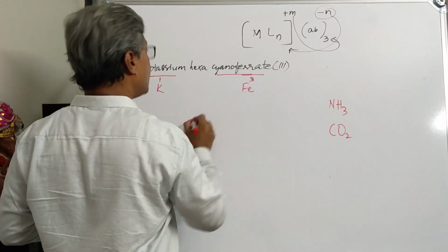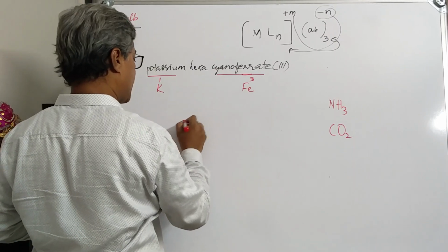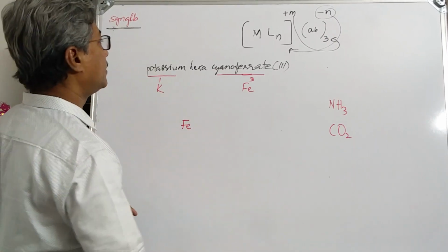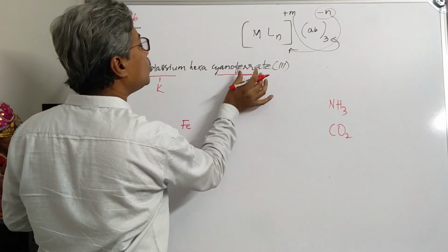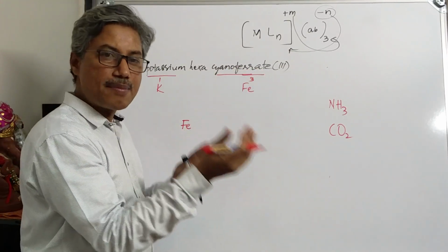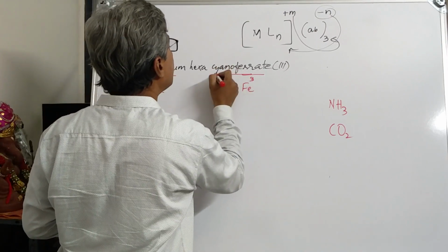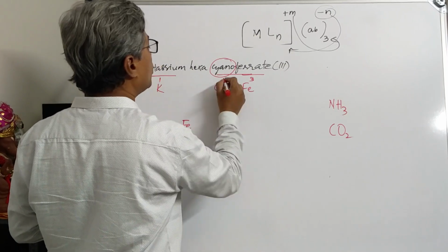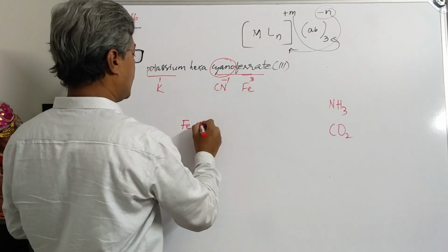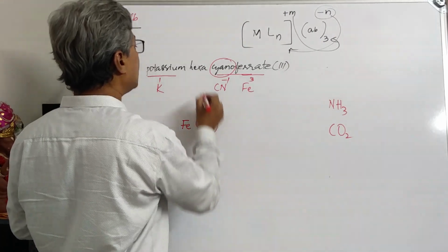Okay. Then according to the formula, write the metal first: Fe. Then what are the ligands? Ligands are associated with the name of the metal itself, just before it. This is the ligand, which is CN, whose charge is -1. CN minus 1. How many times is it?